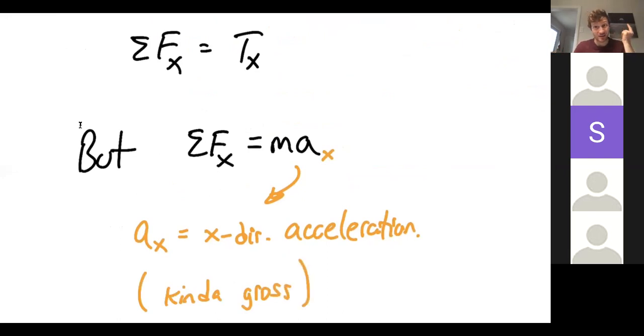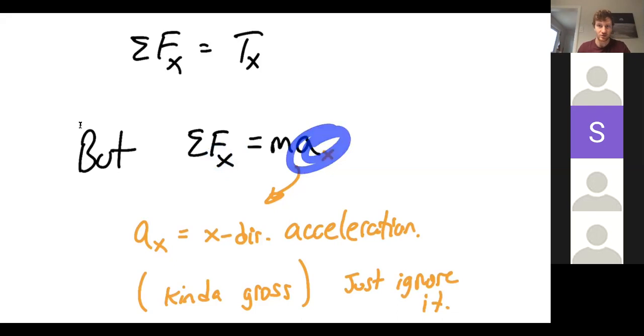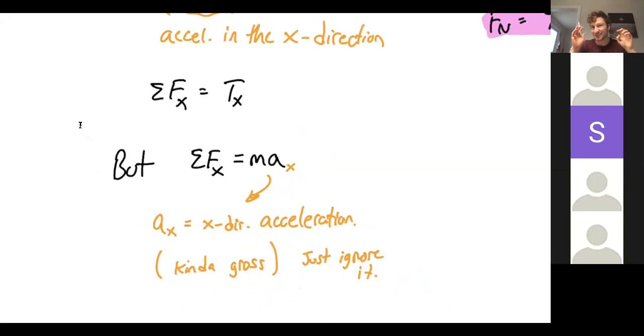You're not going to be accelerating in both the x and the y. So just ignore it, leave it out. If you're talking about an acceleration because of this x value, you know that that's your acceleration in the x direction anyways. But technically, if we wanted to be super correct, that's what we would do. But we combine those two to tell us that Tx is equal to mass times acceleration.